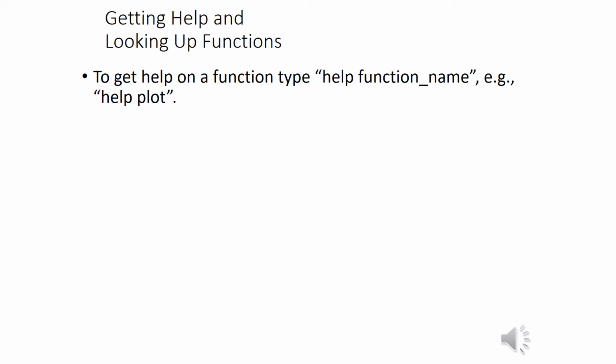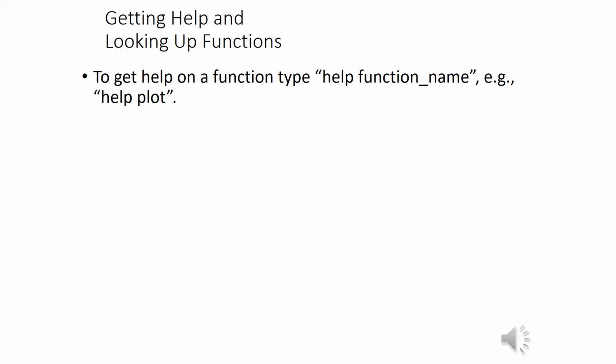Okay, if you are using MATLAB, getting help is obvious. You can get help on anything, and you can look up different functions. If you want to get some help on a function, then you have to type help and then the function name.